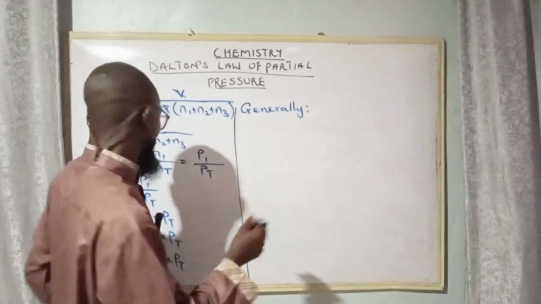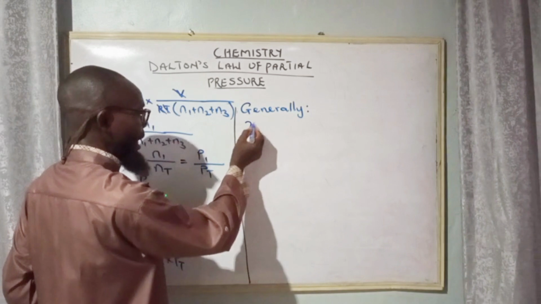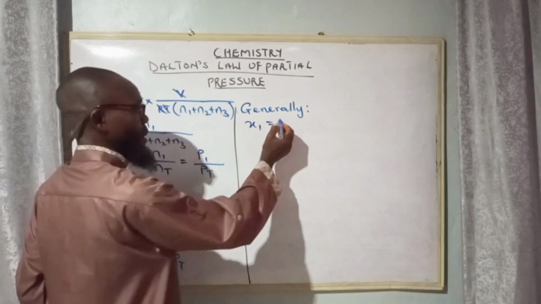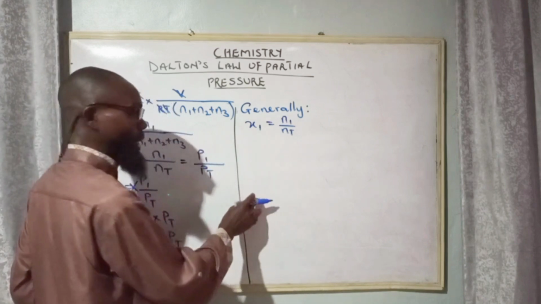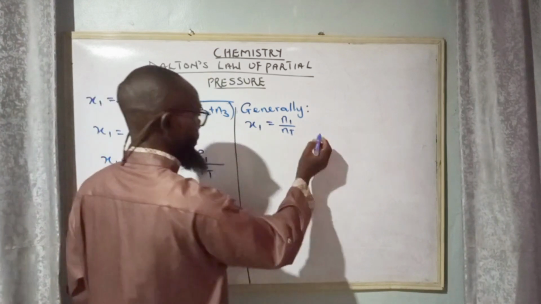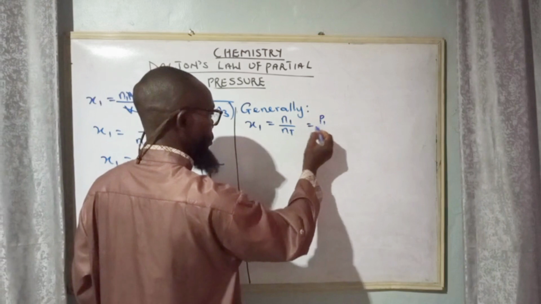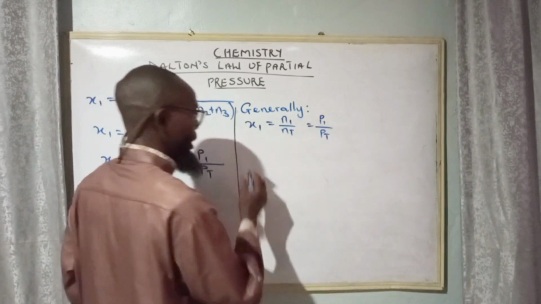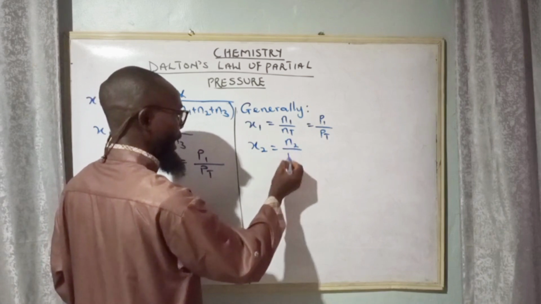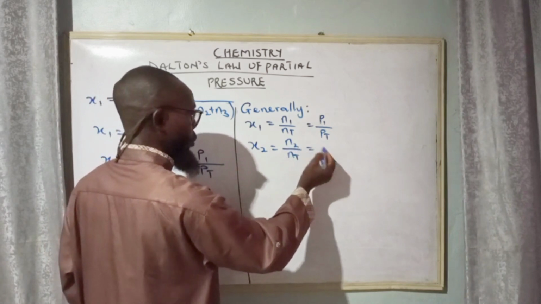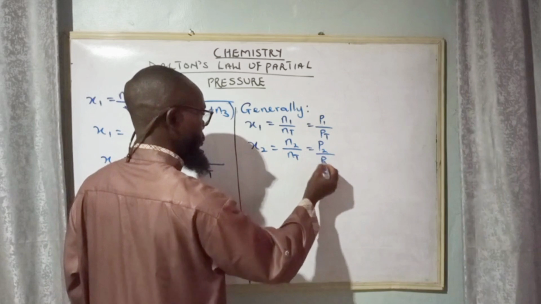Generally, as I explained here, we can have X1 equal to N1 over N total, or in terms of pressure, this can be equal to P1 over P total. Likewise, S2 will equal N2 over N total, also equal to P2 over P total.